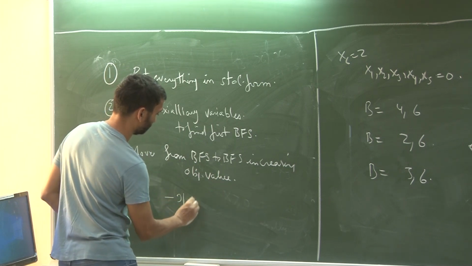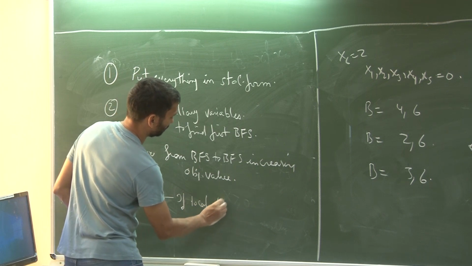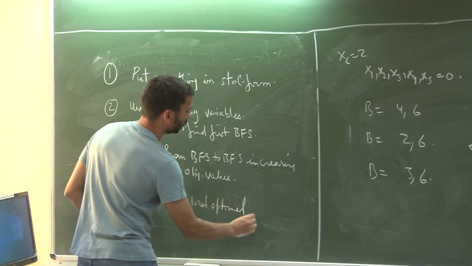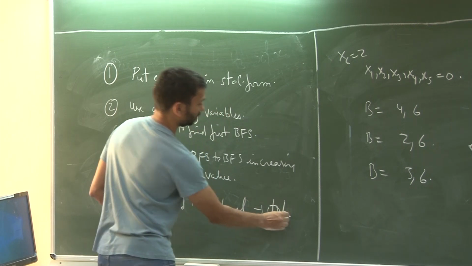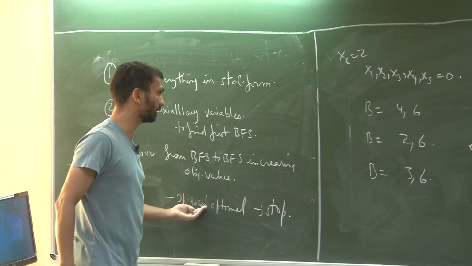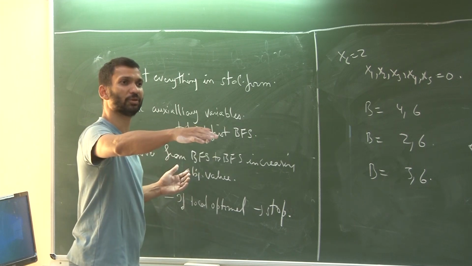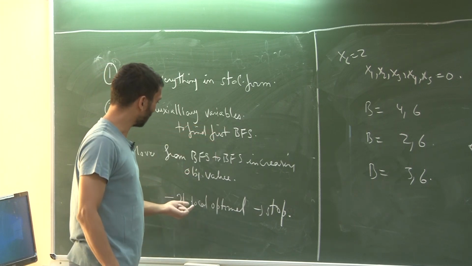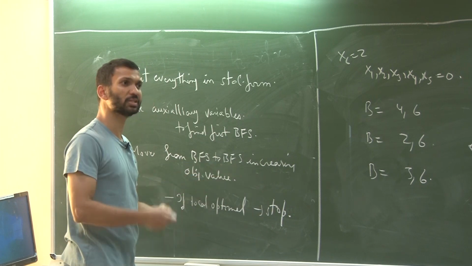If at any point my BFS is locally optimal, stop. Right? And you know how to check that. This is basically looking at the objective function: what are the coefficients? And at any point, how to move from BFS to BFS, you know.